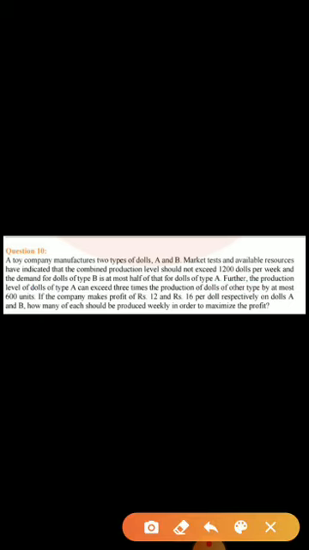Further, the production level of dolls of type A can exceed 3 times the production of dolls of the other type by at most 600 units. At most 600 means maximum 600. Type A can exceed, that means type A will have more, 3 times the production of the other type, which is y, by at most 600.